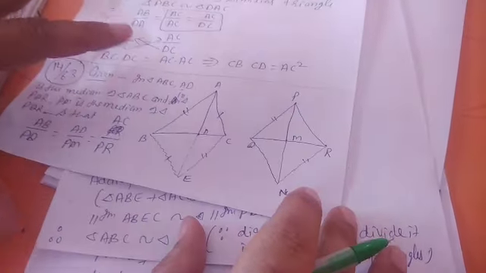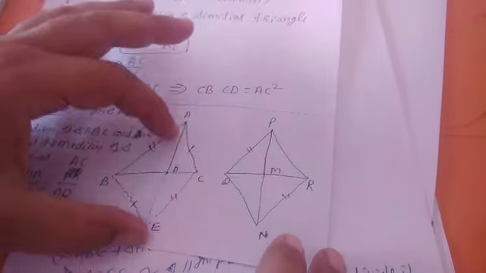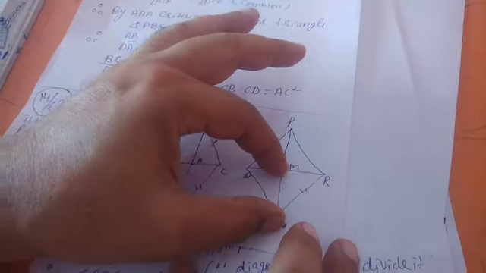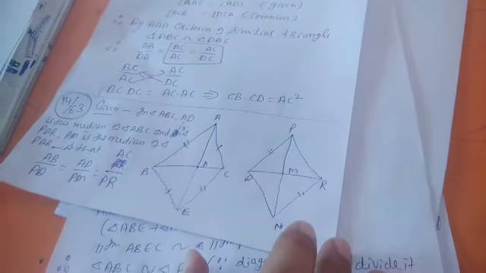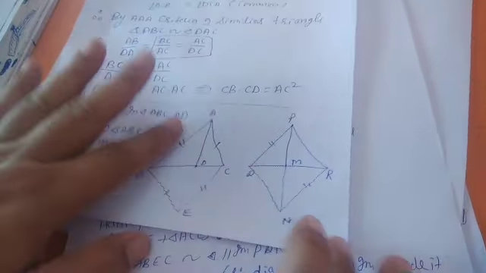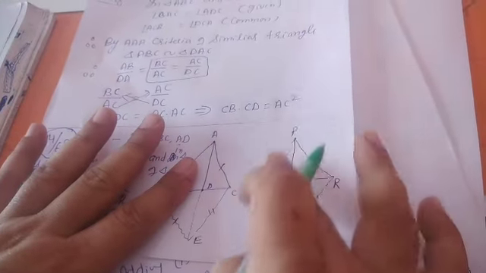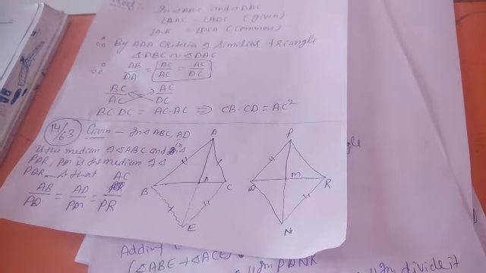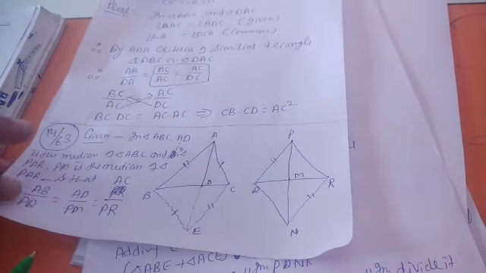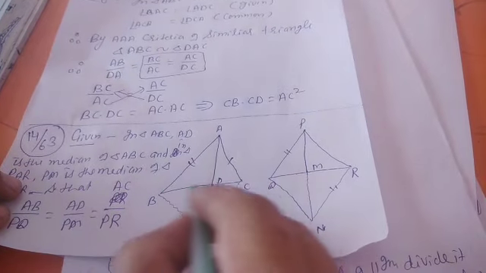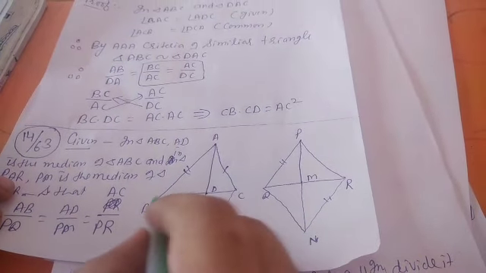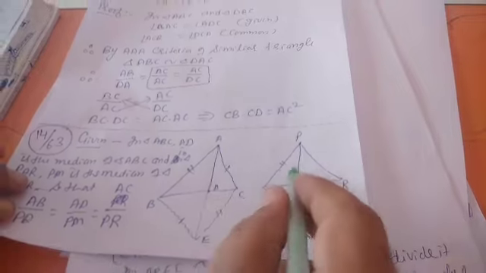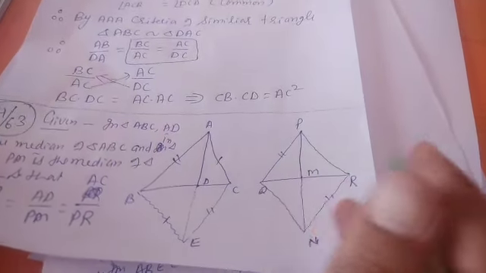Nothing in it, you have to extend AD up to E such that AD equal to DE and PM equal to MN. So both become parallelograms. Then you can prove the first part is congruent to this, second part is congruent to this. Then the sums of both are also congruent. And then you know diagonal of a parallelogram, which diagonal? BC. Now here BC divides into two equal triangles, this QR divided into two equal triangles, so both become similar.